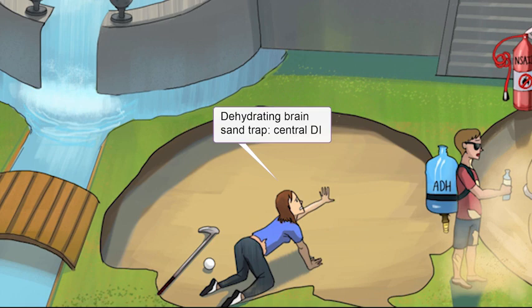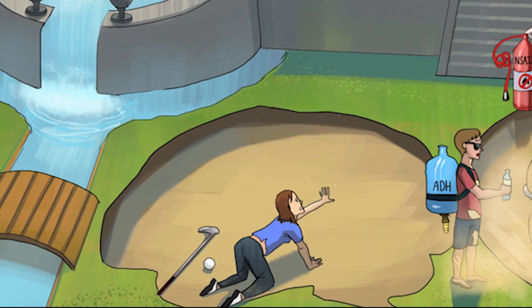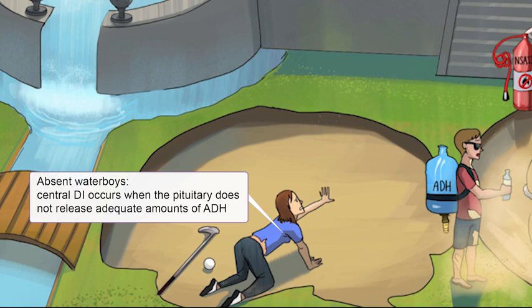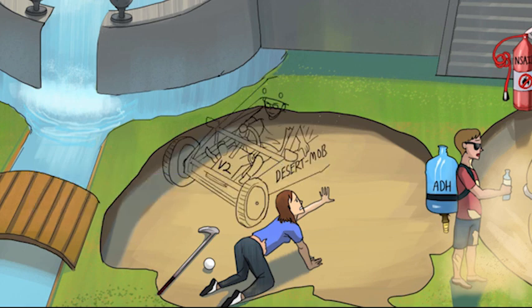Instead of decreased peripheral responsiveness to ADH, you just aren't releasing adequate amounts of ADH centrally from the pituitary gland. This can be caused by numerous conditions, including trauma, a tumor, or an autoimmune process. To emphasize reduced ADH secretion, we've got a golfer here who's been wandering the sand trap for what seems like days, dying of thirst, reaching out for an antidiuretic water boy, but there's none to be found.